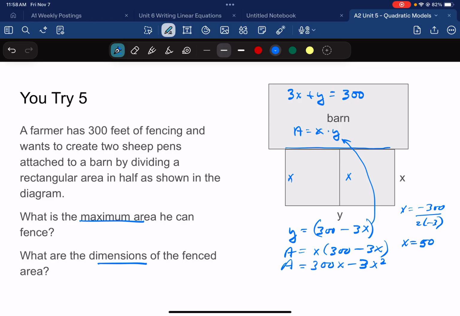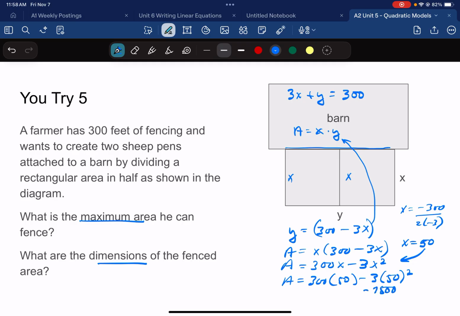And the maximum area is found by plugging this back in. 300 times 50 minus 3 times 50 squared. So 50 squared is 2,500 times 3. So this is negative 7,500.